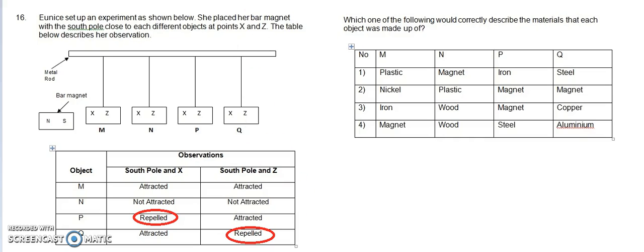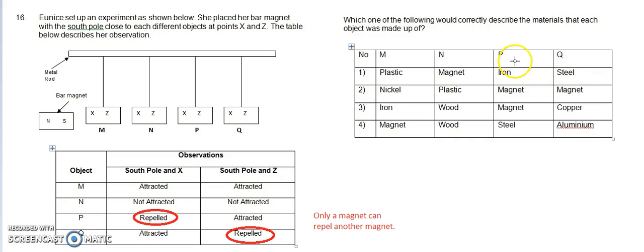Because from what we learned, only a magnet can repel another magnet. So we know that P and Q are actually magnets. So let's take a look at P and Q.